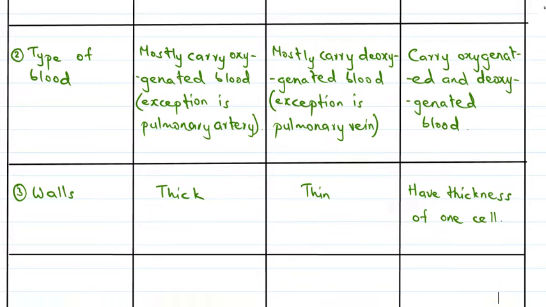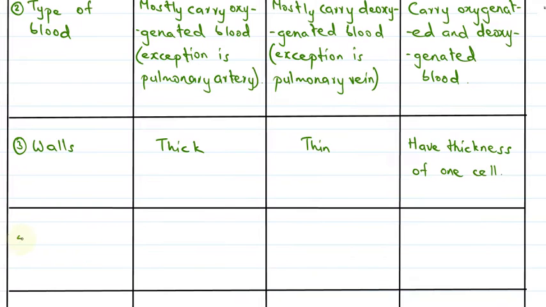Then the fourth parameter we would consider is valves. So valves are absent in case of arteries, they are present in case of veins, and they are again absent in case of capillaries.